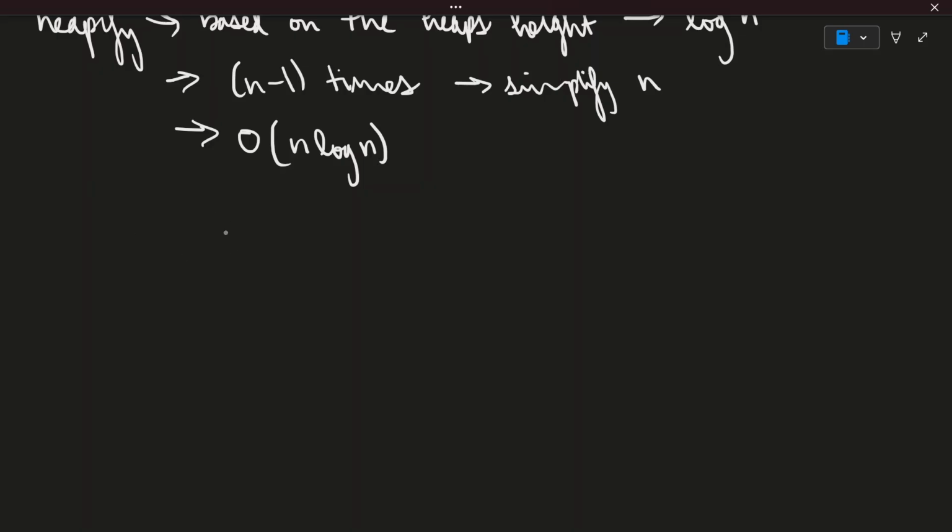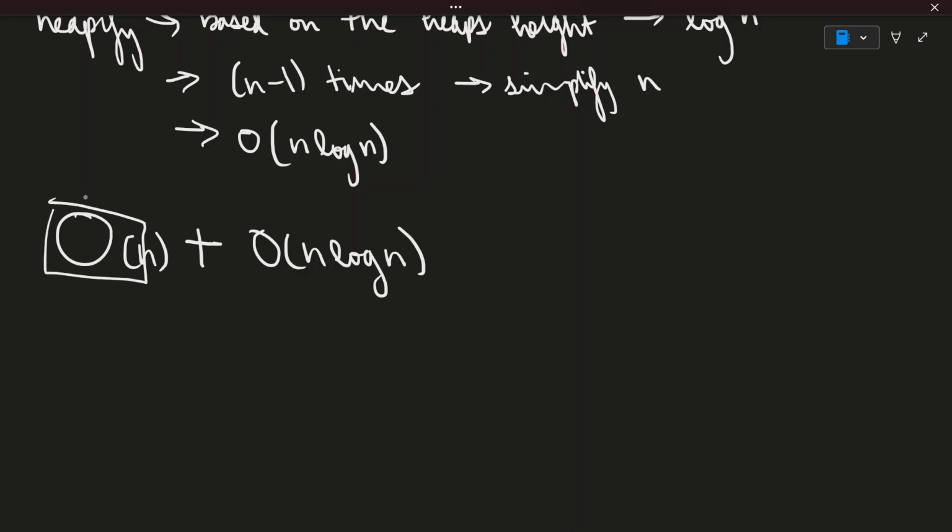So once we add both operations together, we have O of n plus O of n log n. But the heapify all value is negligible compared to this, the n log n is the dominant time complexity.